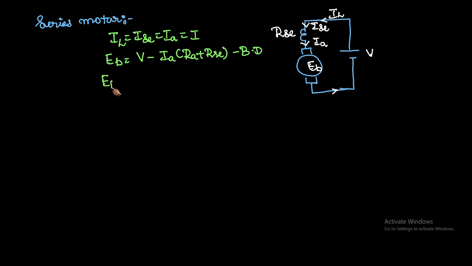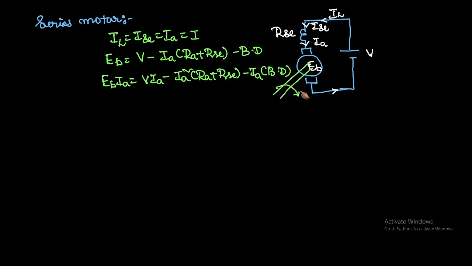Multiply by IA on both sides: EB into IA equals V into IA minus IA square into RA plus RSE minus IA into brush drop. EB into IA is known as the mechanical power developed, that is what we are taking from the armature.